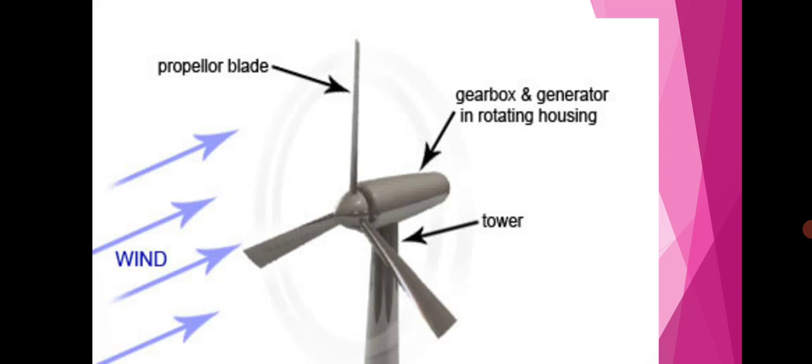During the rotation, the wind energy is converted into kinetic energy. When it is connected with the generator, it is converted into mechanical energy in the armature of the generator, and it forms an electrical current. If a large number of windmills are connected in a particular place, it is called a wind farm.